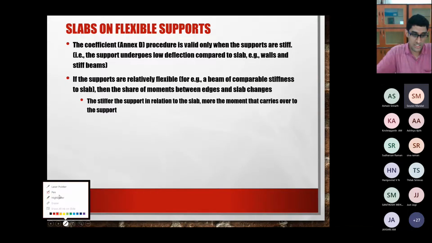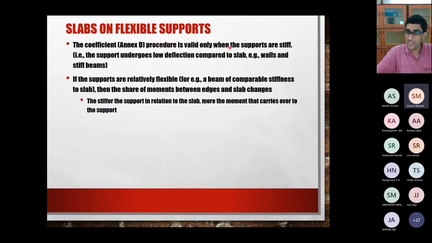So that's what I said. The coefficients in Annex D are valid only when the supports are stiff, or in other words, the beam undergoes very low deflection compared to, say, the middle of the slab. Okay.